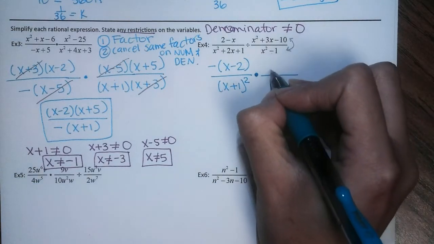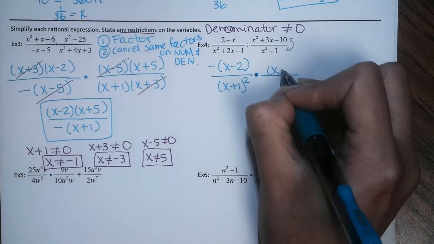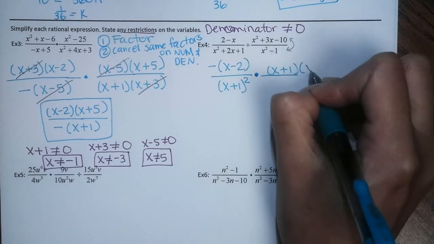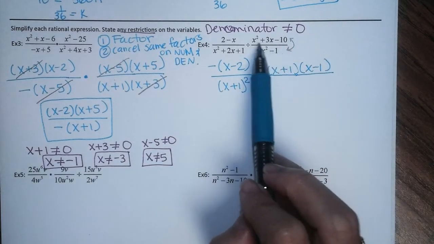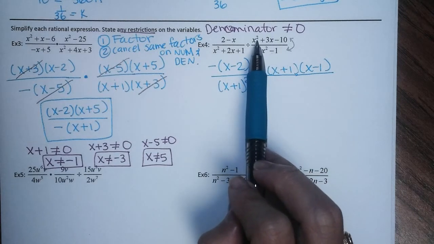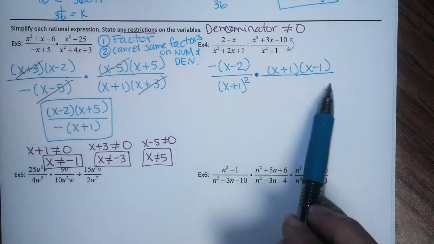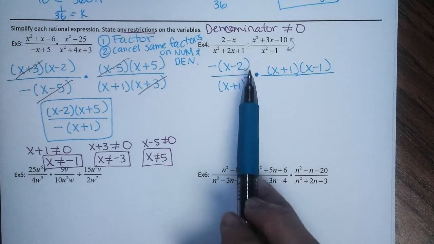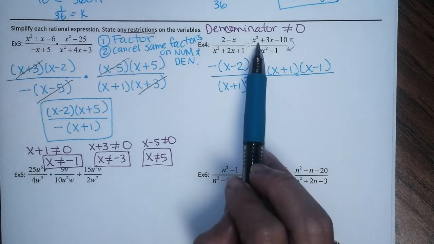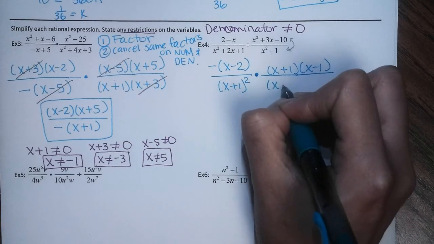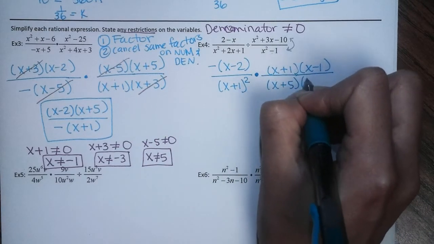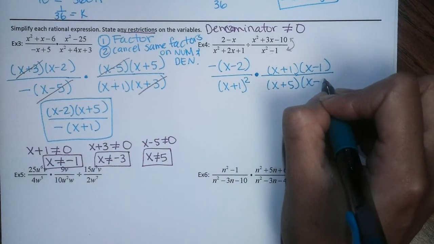But let me factor x squared minus 1. That's x plus 1, x minus 1. And now the numerator will be on the denominator because I am switching the division symbol to a multiplication symbol. So let me factor x squared plus 3x minus 10. x plus 5, x minus 2.